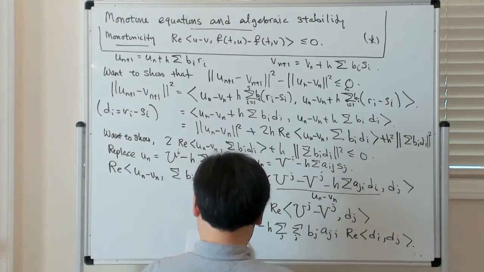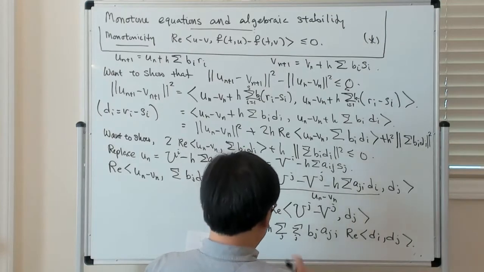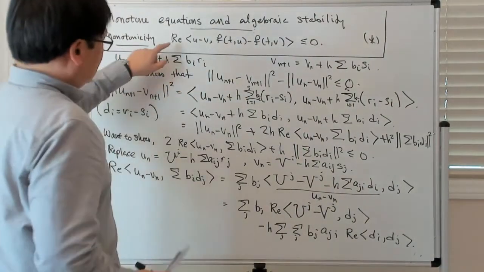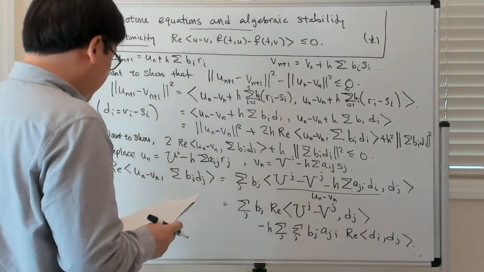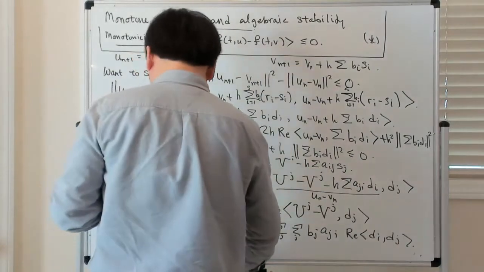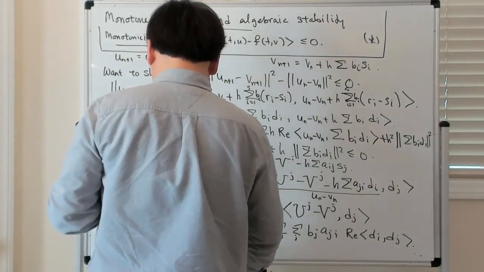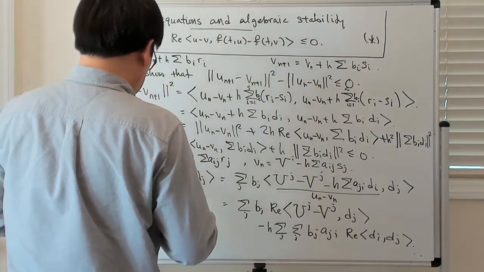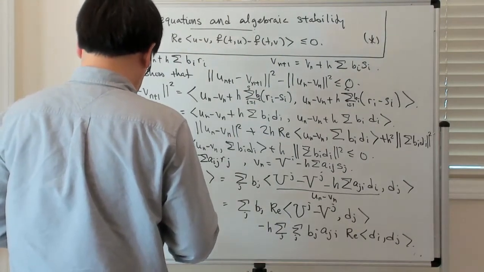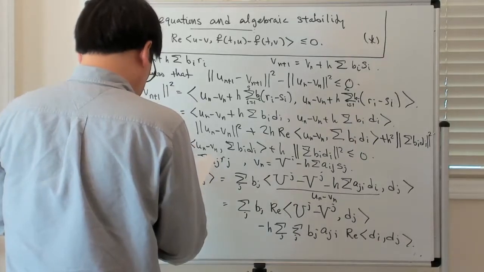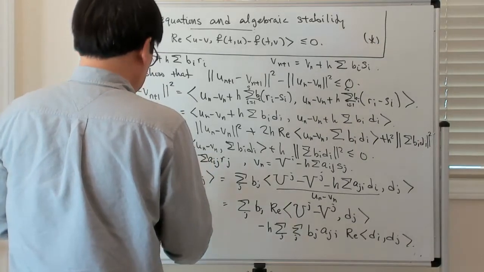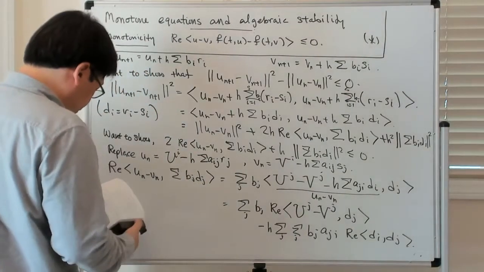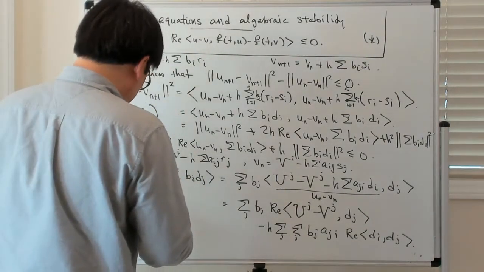Again here we are going to use the monotonicity inequality, and we're also going to use a property about the non-negativity of the weights.